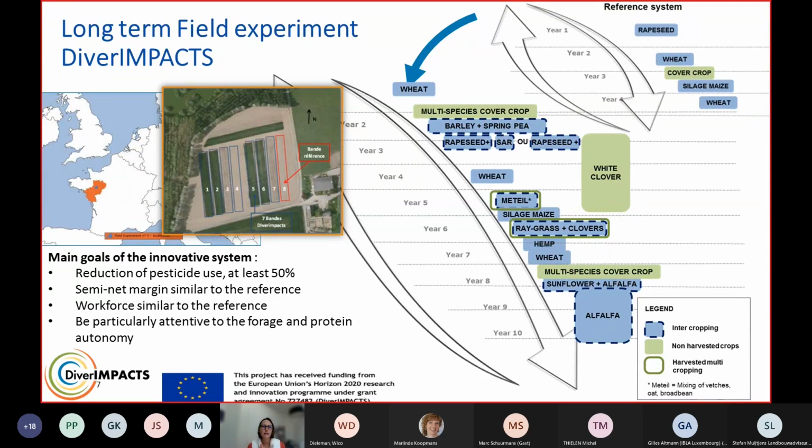And we pay specific attention to the forage and protein autonomy of our new rotation. The rotation that we are testing is a 10-year rotation with several crops, a very diversified one, with the introduction of intercrop of barley and spring pea, hemp and alfalfa.